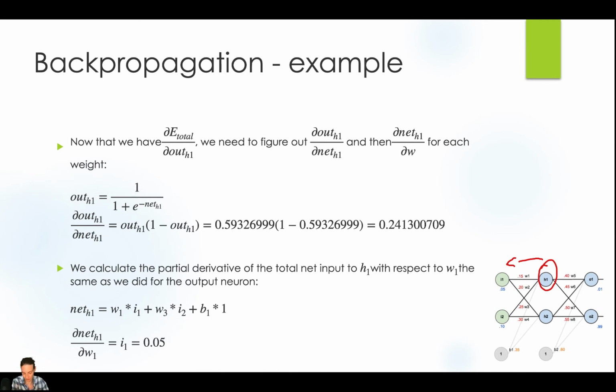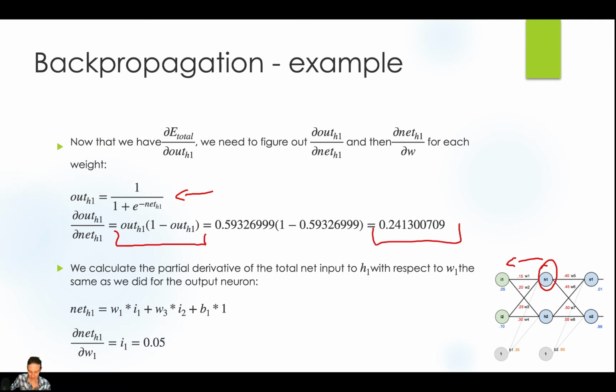So we first encounter the sigmoid activation function, for which we now know the derivative ends in the output of hidden layer 1, node 1, times 1 minus that output. So we fill that in, and we get our derivative.